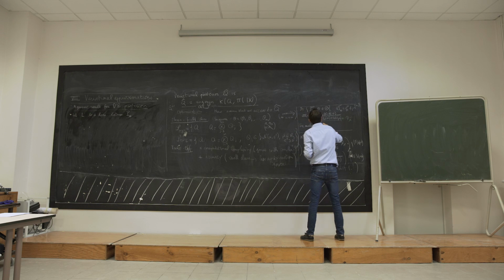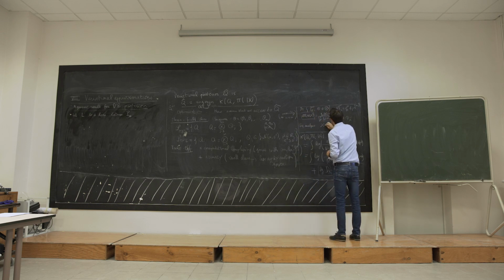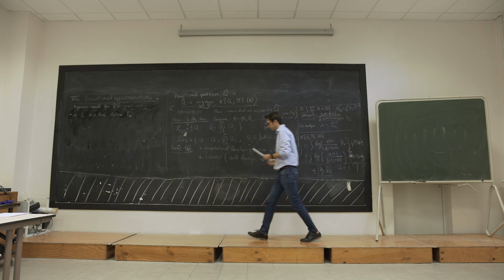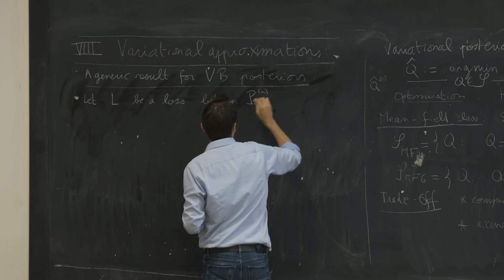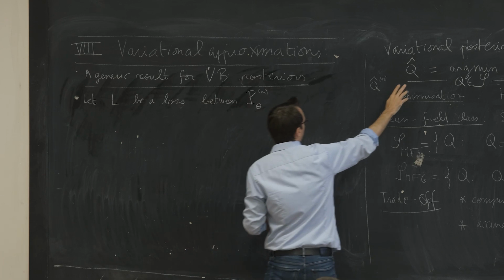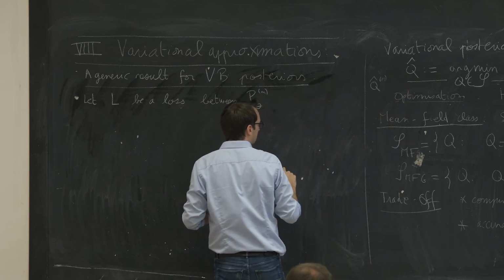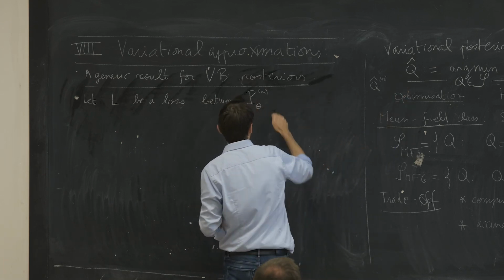We assume that X is formed and then we analyze this object under P theta naught. We want to show that the rate of convergence to theta naught of Q hat is at least epsilon n, if epsilon n is the rate of the posterior.